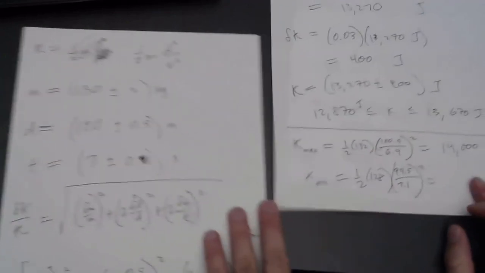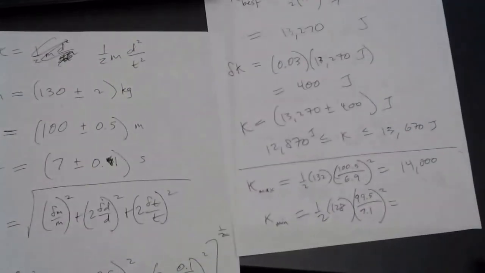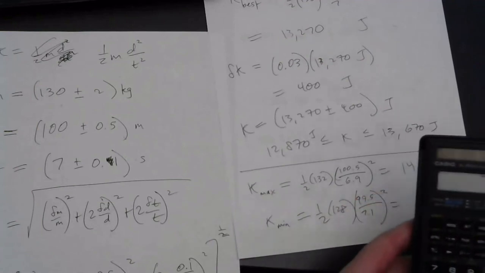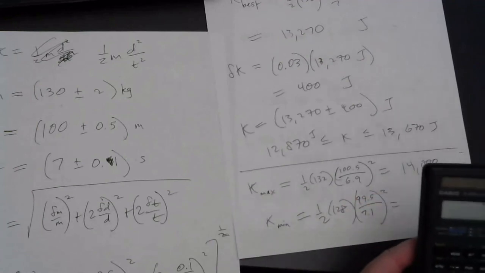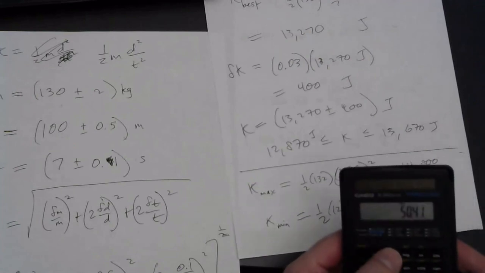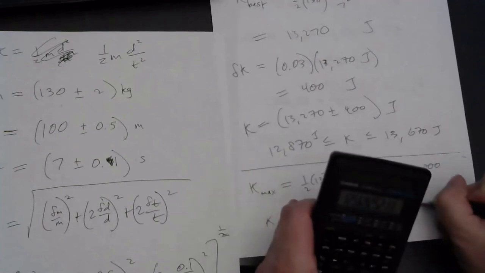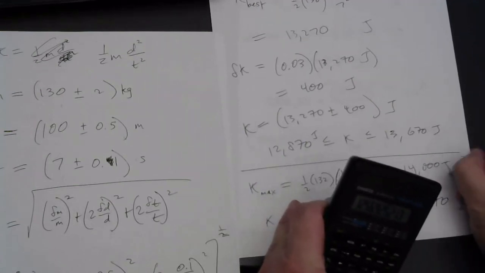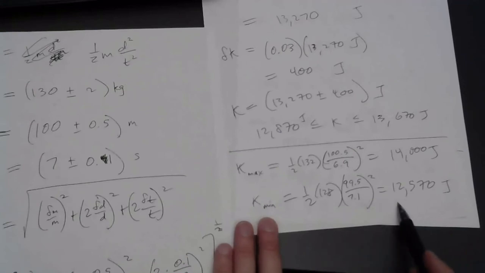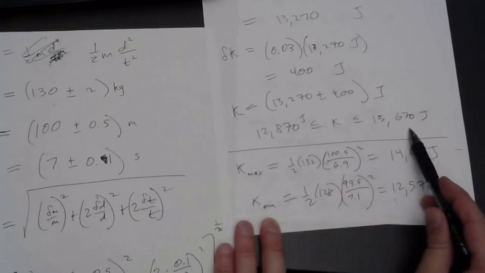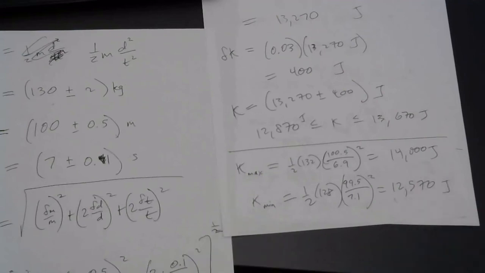And we're hoping that this minimum likely value using this method comes out similar to this one. 128 divided by 2 times 99.5 squared divided by 7.1 squared. 12,570 joules. Okay, 12,570 is fairly close to this, and 13,670 is fairly close to 14,000. So I'm happy with that agreement.